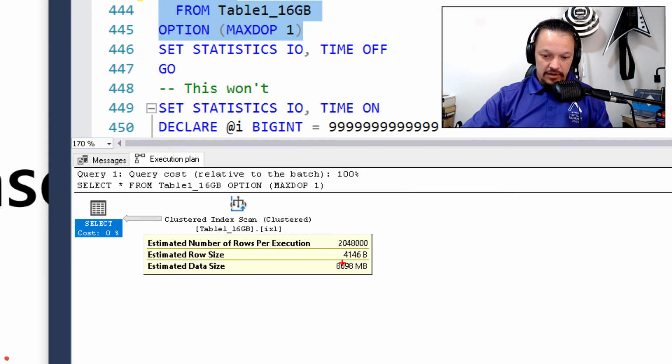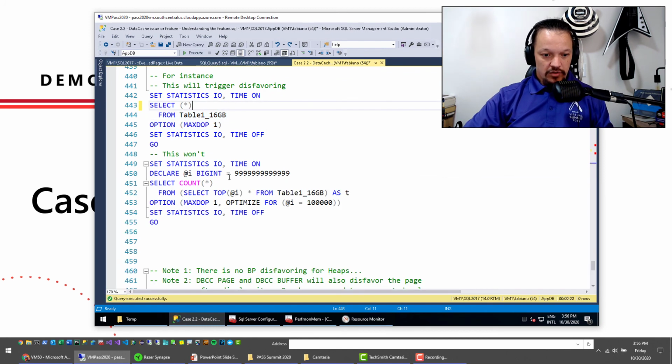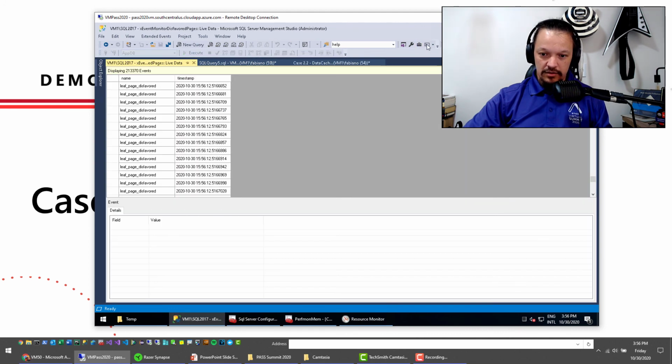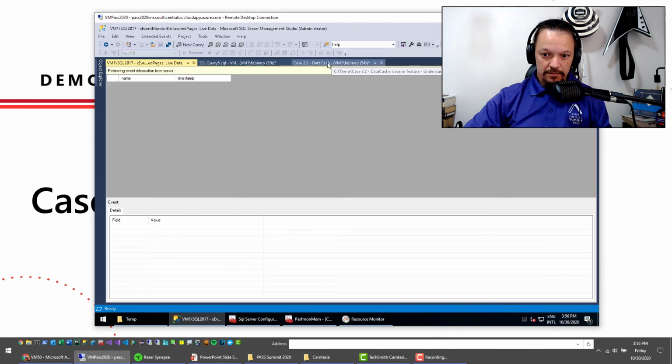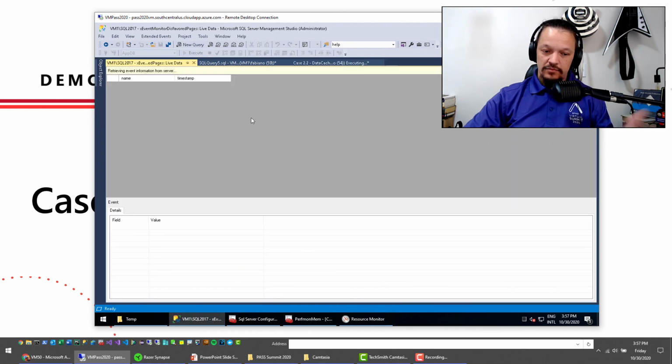SQL is thinking it's going to read 8 gig. 8 is more than 5, then it is going to trigger the disfavoring. So if we fool it and run this, let me resume here the X event. If I run this, you see it's not disfavoring the pages. That's nice, isn't it?